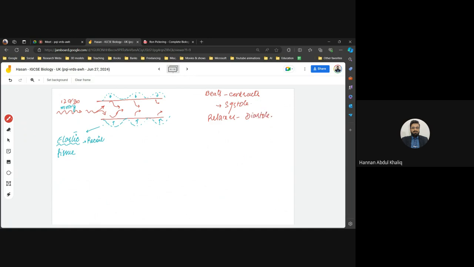Now remember that this blood pressure that is being maintained by the arteries is happening in the absence of the systolic pressure. So this pressure is called the diastolic pressure, because it is being maintained by the arteries when the heart is relaxing. When the heart is relaxed, the arteries are maintaining the blood pressure. That is why this pressure is called diastolic.